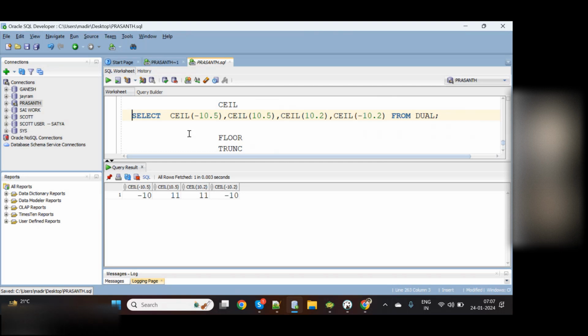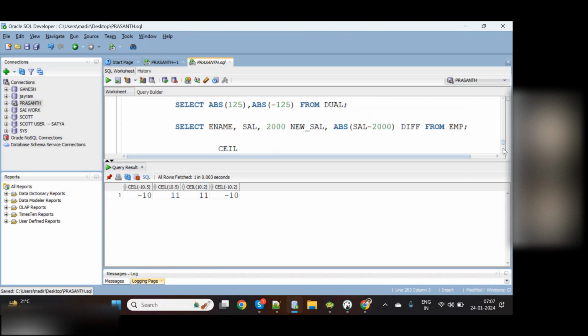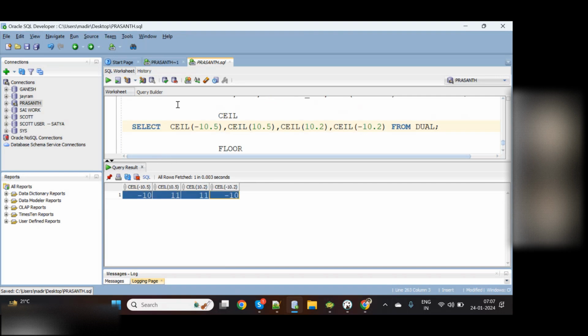Okay, sorry. See, ceil always moves to the upper value. So here I rounded the values. But how is ceil working? Ceil, at any decimal point level, is going to give the upper value.